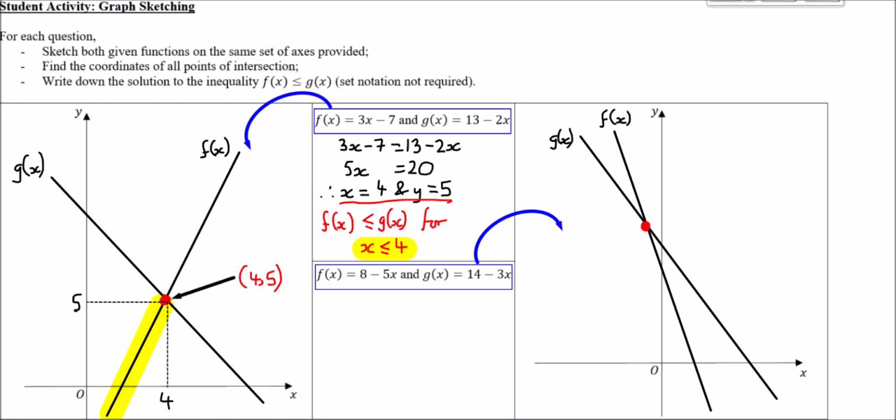And just to get ready for labeling this, let's put that in for the x coordinate we're going to find, and this over here for the y coordinate. So they're going to be intersecting where one is equal to the other. So we just need to solve where 8 minus 5x is equal to 14 minus 3x.